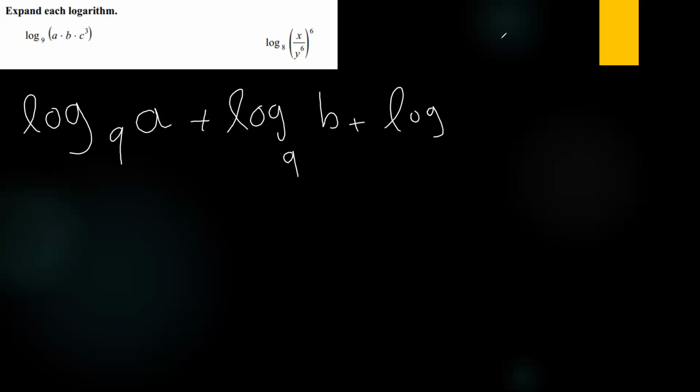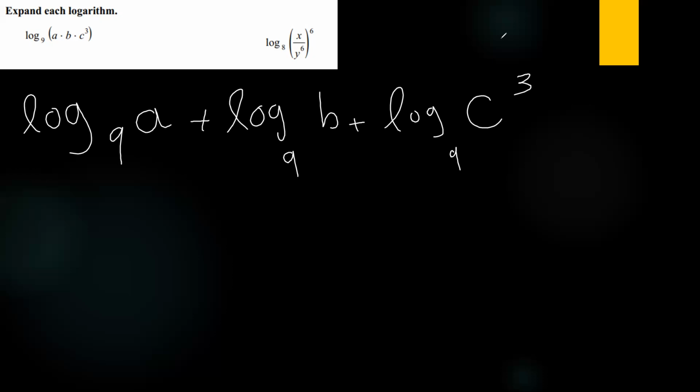But here we have the logarithm of three numbers that are multiplied. So how can I rewrite it now? I will expand it as an addition. Bravo. So it looks like logarithm to the base 9 of a plus logarithm to the base 9 of b plus the logarithm to the base 9 of c cubed.